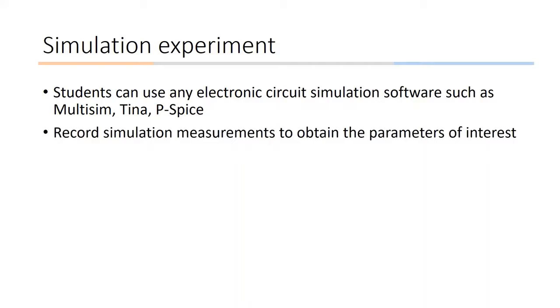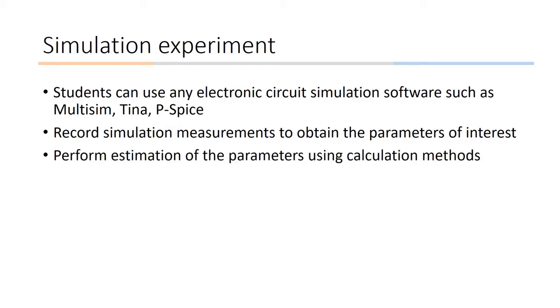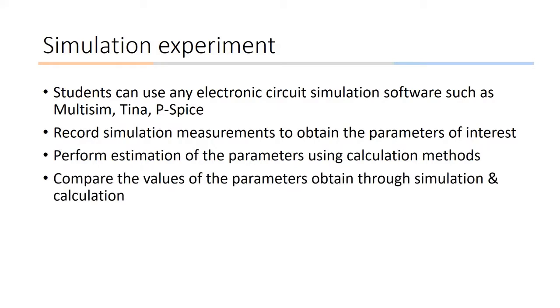In the simulation, you need to record all your simulation measurements in the answer sheet template in order for you to calculate the parameters. You are also to perform the estimation of the parameters using calculation methods. Then you compare the values of the parameters that you obtain through simulation and calculation.